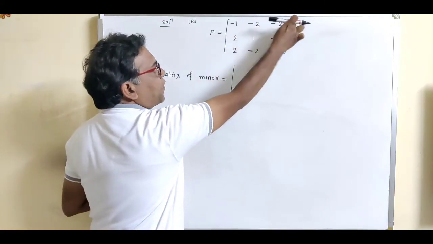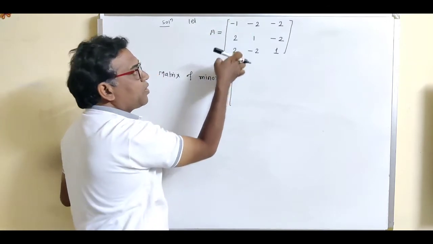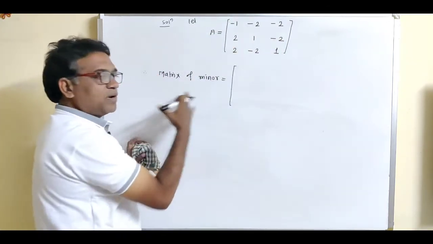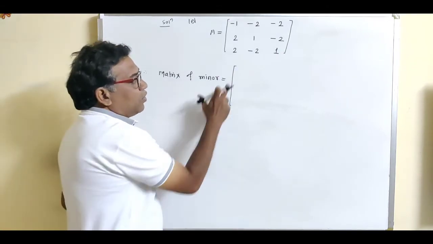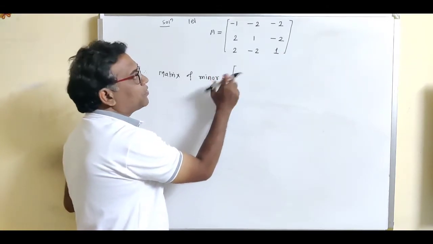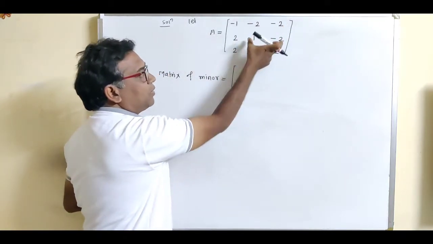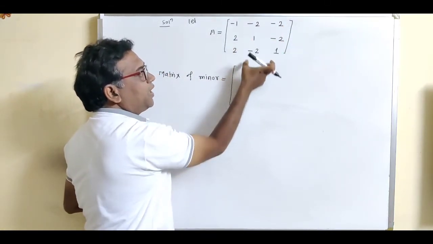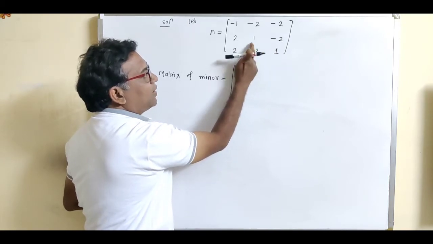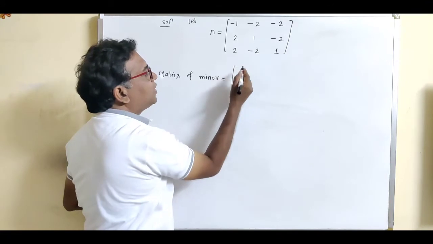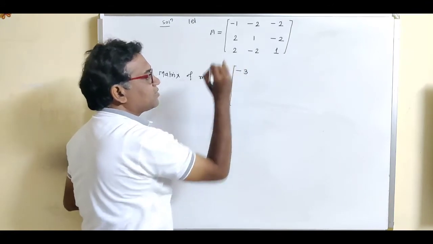Delete the corresponding row and corresponding column and take the determinant of the remaining elements. So this is 1 minus this product 4. So 1 minus 4, so this is minus 3.